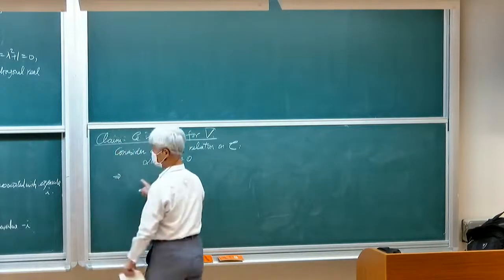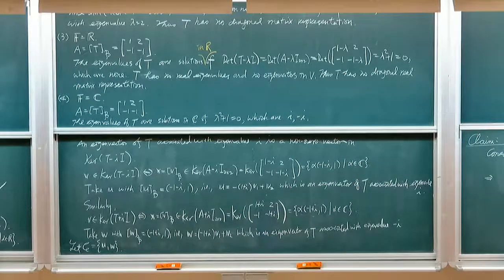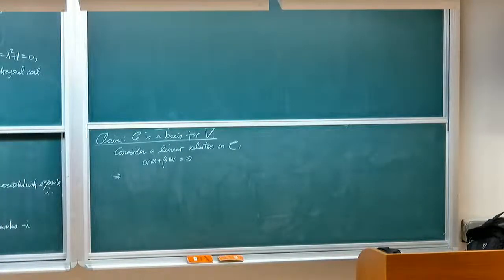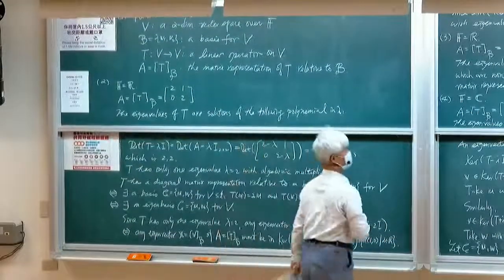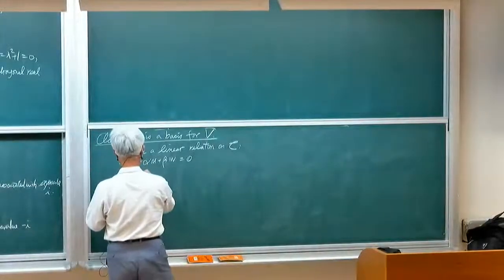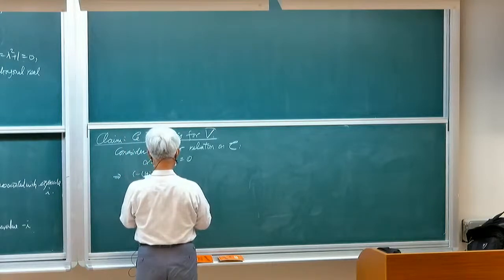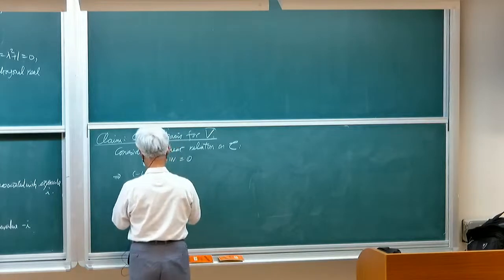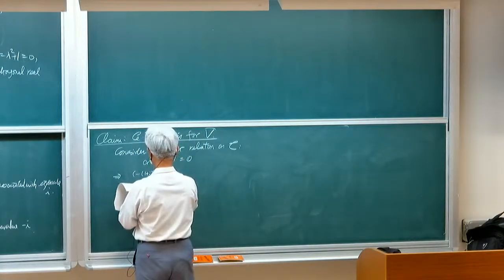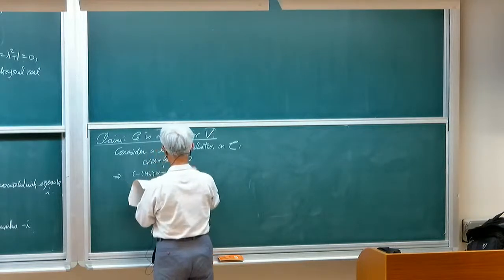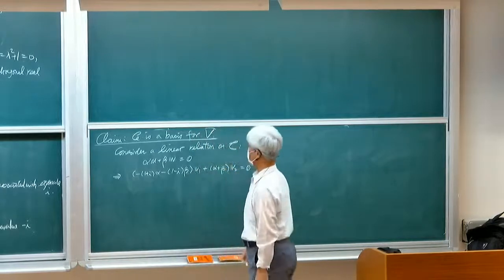So we do the substitution here as a linear combination of V1 and V2, the vectors in basis B. So we find that minus i alpha minus 1 minus i beta V1 plus alpha plus beta V2 equals the zero vector.